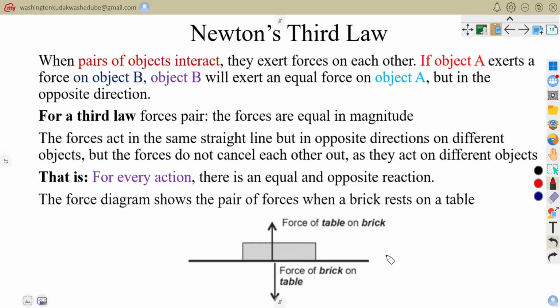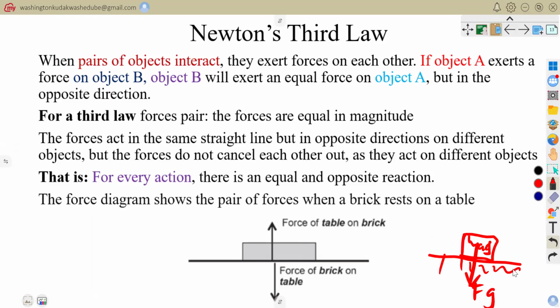Now, I have a diagram here where I just took an object that is resting on a surface. You will see that the object has its weight due to its mass. This weight would always be directed downwards. But instead of this object sinking downwards, you will see that it remains at rest. What does it mean?